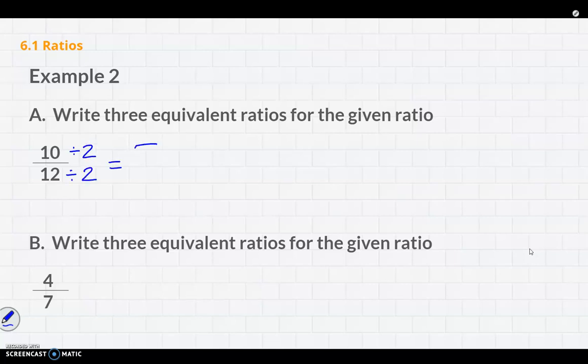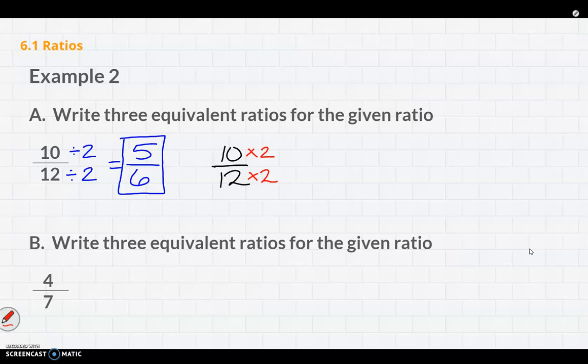Okay, 10 divided by 2 is 5. 12 divided by 2 is 6. So 5 to 6 is an equivalent ratio to 10 to 12. Okay? Now that isn't my only equivalent ratio. I could find many other equivalent ones by just maybe multiplying this time by 2.